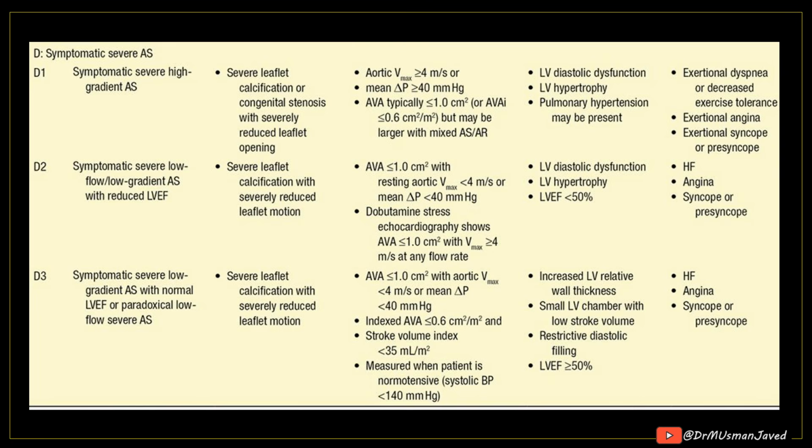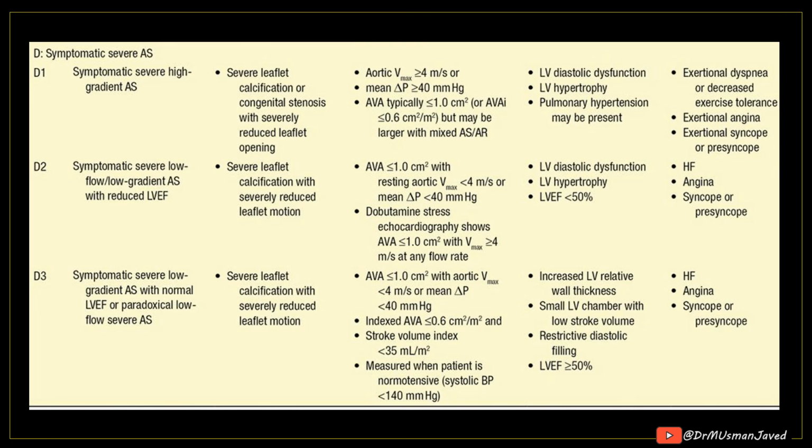Finally, there's stage D3, which is symptomatic severe low gradient aortic stenosis with normal ejection fraction, also known as paradoxical low flow, low gradient severe AS. Again, this is when your aortic valve area suggests that there is severe aortic stenosis. You have an EF greater than or equal to 50, but your gradients are not meeting severe criteria.